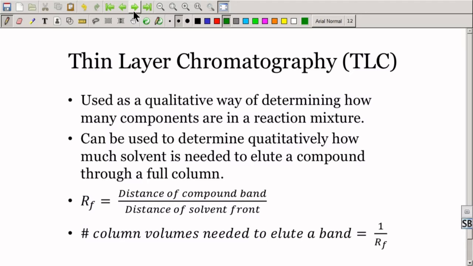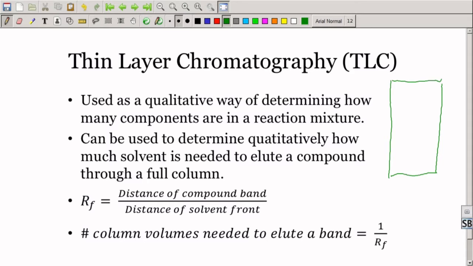Okay, so in thin layer chromatography, and actually I've got more slides about this later on, but this is useful to see. What do you do in a typical thin layer chromatography experiment? You take a plate, whether the plate is glass backed or plastic backed, doesn't really matter.